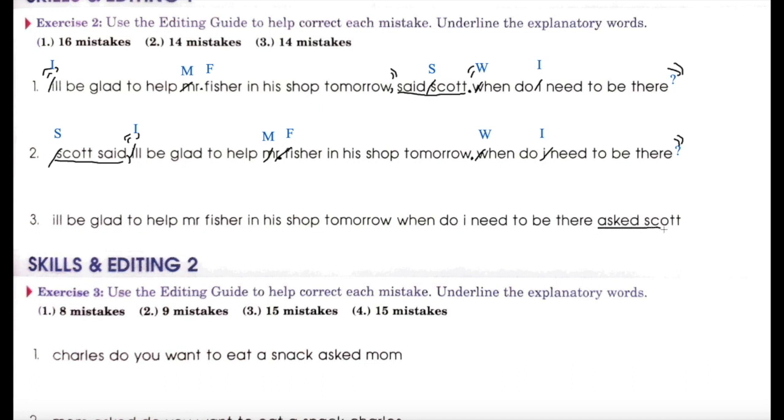Let's underline our explanatory words. Let's put quotation marks around our quotation. Capitalize the first word. I'll needs an apostrophe. I'll be glad to help Mr. Fisher. Capitalize Mr. Fisher.